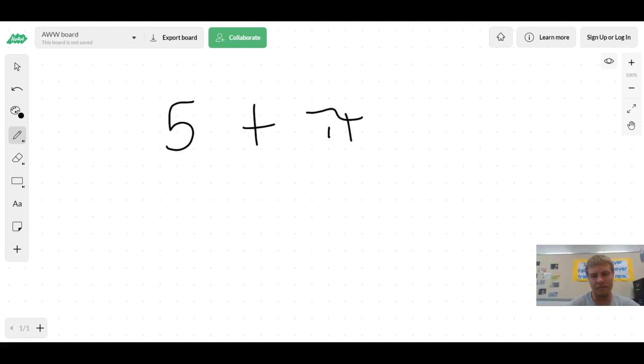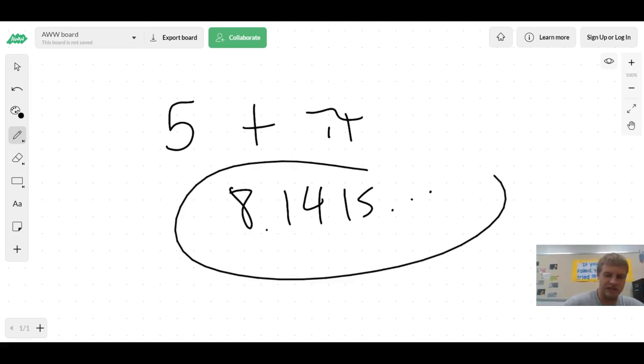Well, if we did 5 plus pi, the 5 would add with 3, so we get 8. And then the pi decimals would get added, so that'd be like 1, 4, 1, 5... And you'd go, what kind of number is this?